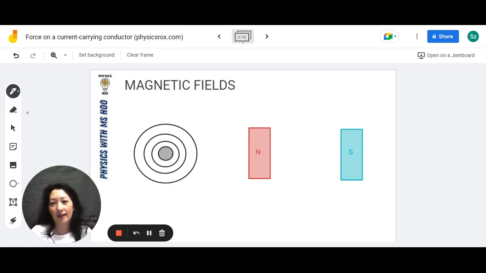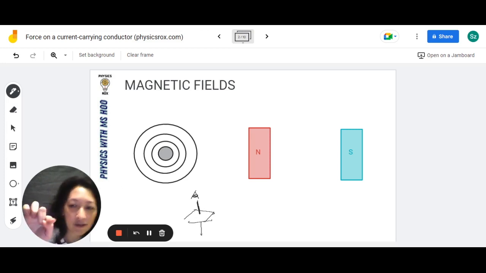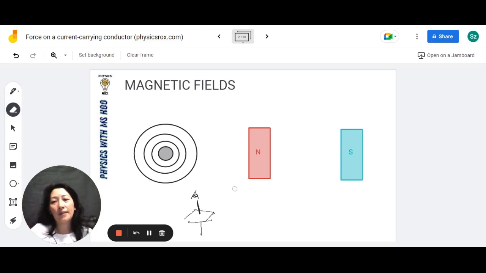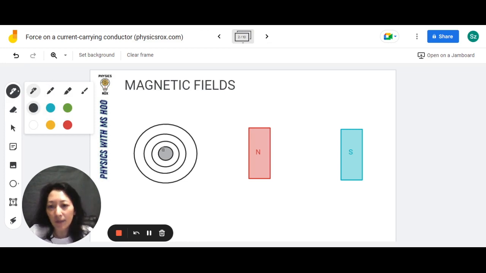Imagine you have a piece of cardboard, and here's the wire from your point of view. Current could either be flowing towards you or away from you. For the purposes of this video, let's just take one example. Let's say current was flowing into the paper.